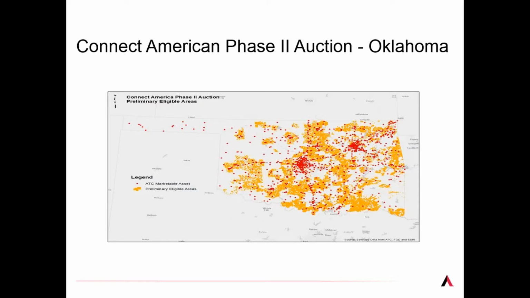So if a customer says, I'm interested in Oklahoma or California or any other state, we can give you a quick snapshot by overlaying our towers to see what type of coverage could be supplied by utilizing our assets. If any customer wants this type of information, they can reach out to myself or anyone at American Tower. These are the things we're delivering to our customers today at no cost.